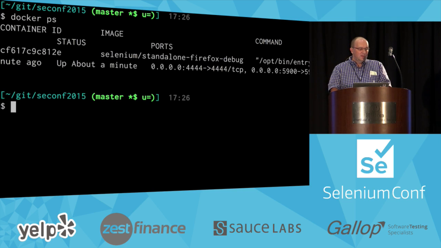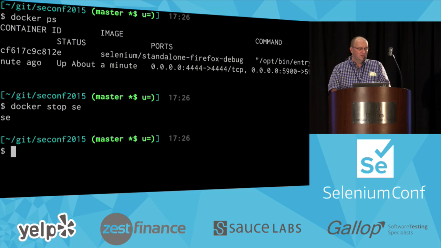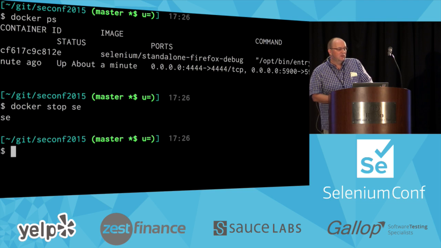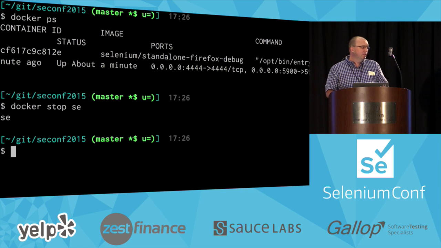Just to see, the Docker container has been running, and now I can stop it and actually throw it away if I don't want it. What just happened there is I brought up a Docker Selenium, which was the entire environment to run a test in. It came up in about a second, and I was able to run tests immediately. And I can now stop the Selenium container and actually throw it away.